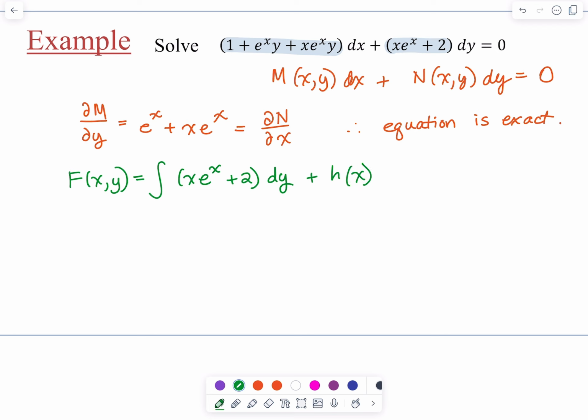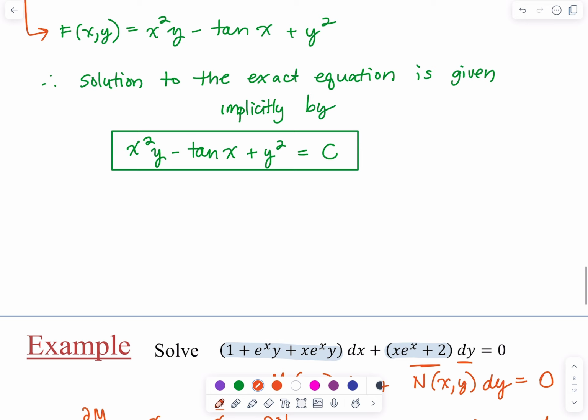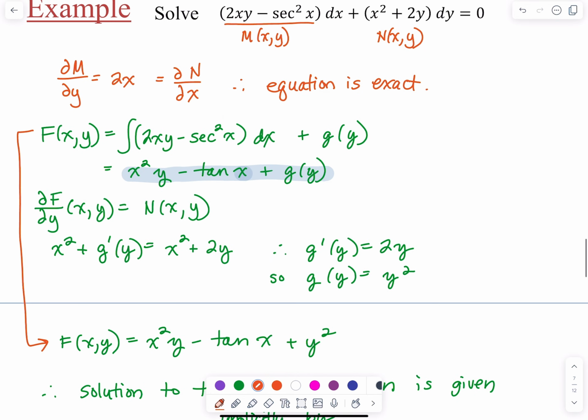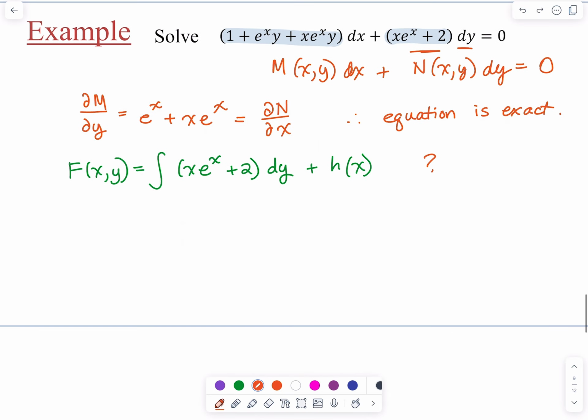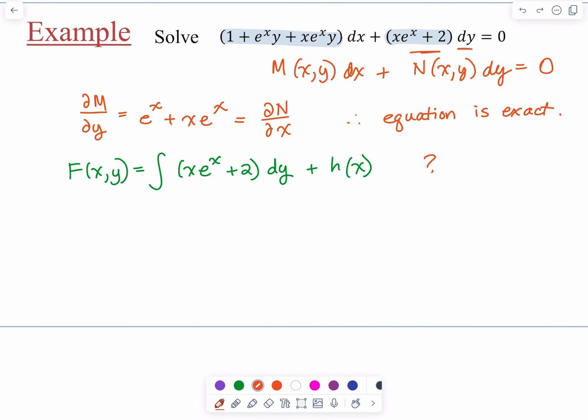Now, you might be wondering why we integrated N with respect to y instead of integrating M with respect to x. What we want to look for is which is easier to integrate. Is it easier to integrate M or N?